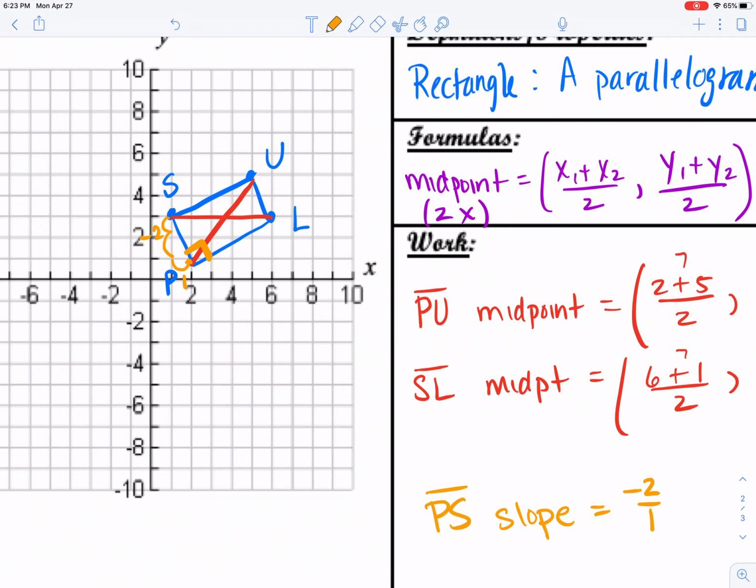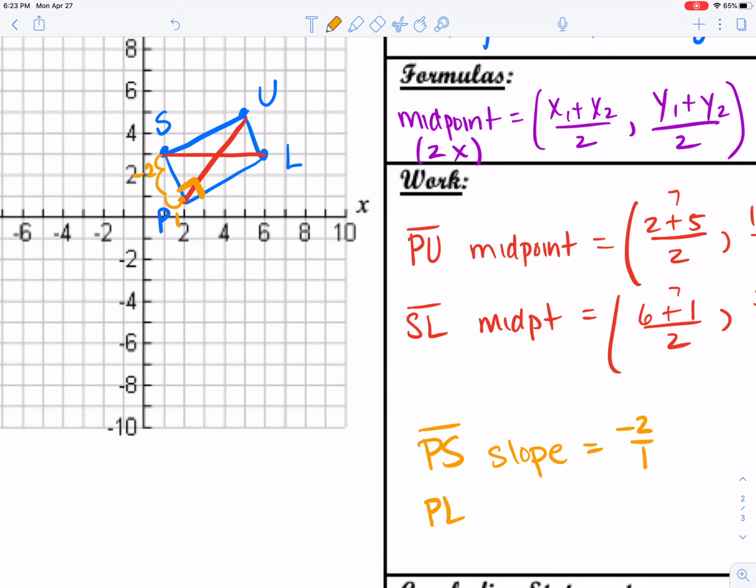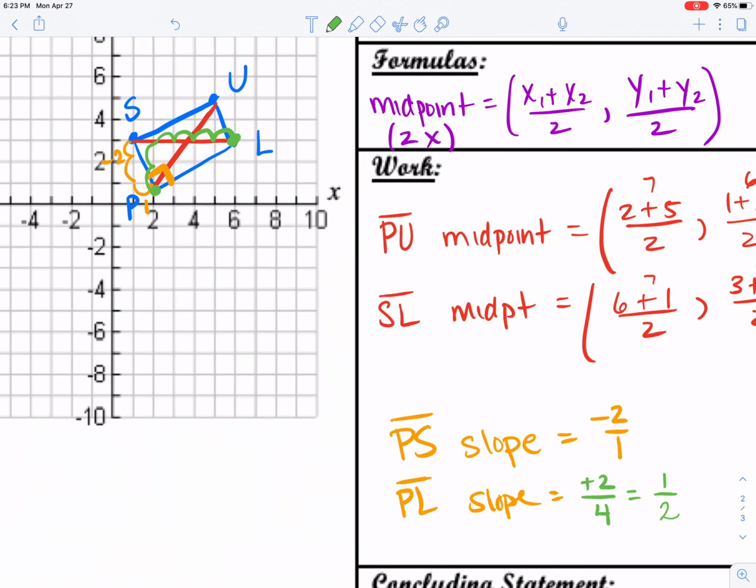Then to go from P to L, slope equals, let's change my color. From here to here, I'd go up 1, 2, and to the right 1, 2, 3, 4. Up 2, right 4, so that's 1 over 2 if I simplify it. A lot of you yesterday didn't even get opposite reciprocal slopes, so that there was a right angle.